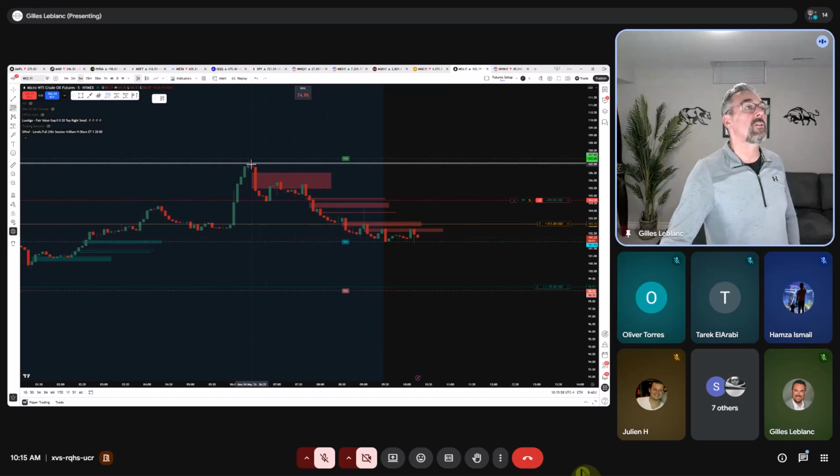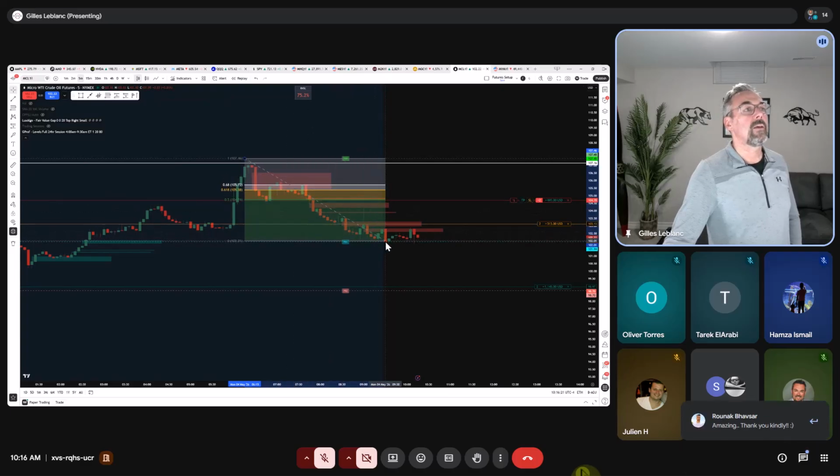And where did it start? I mean, the high of the day is right above it, so that's why I use that. We rejected this area, and then this is where we started reversing, right here. And look at how it went right to the 50 and then rejected. Right? And then I can move it down.